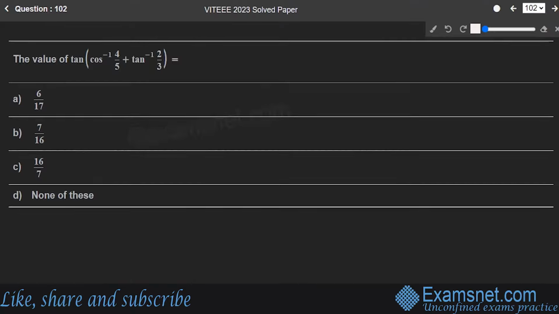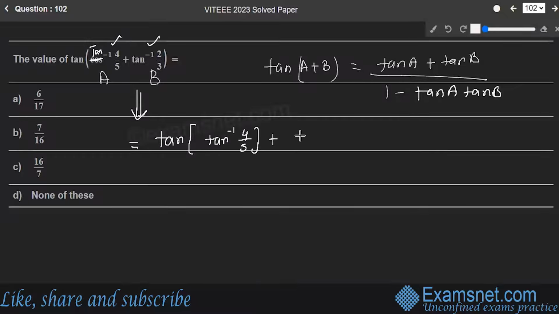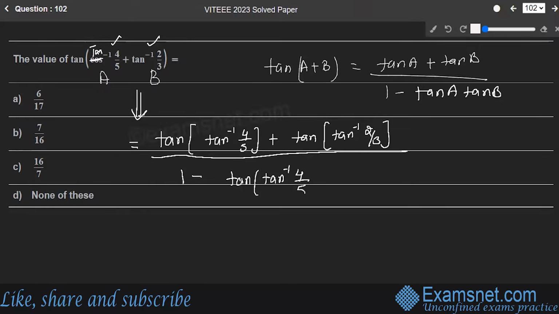Okay. So see, if I'm treating this as A and B, you know one formula that tangent of A plus B is given by tangent A plus tangent B, divided by 1 minus tangent A into tangent B. So this will be tangent of tan inverse 4 by 5 plus tangent of tan inverse 2 by 3, whole divided by 1 minus tangent of tan inverse 4 by 5 into tangent of tan inverse 2 by 3.